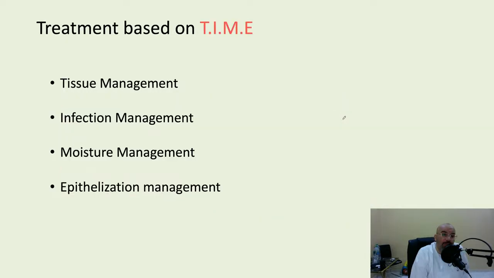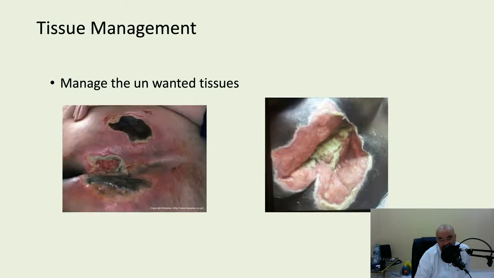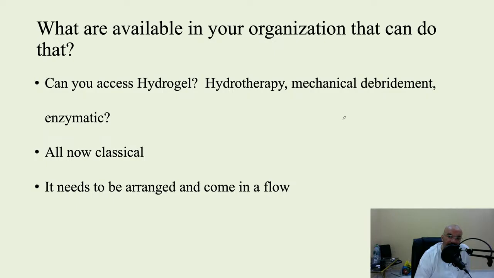The take-home message is that today we took a panoramic overview of wound bed preparation. So we know about tissue management, infection management, moisture management, and epithelialization. For example, for tissue management, this is an example of how the tissues look. At the end, these wounds cannot heal if these unwanted or non-viable tissues appear on the wounds.